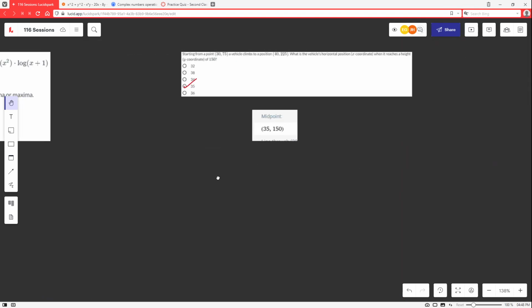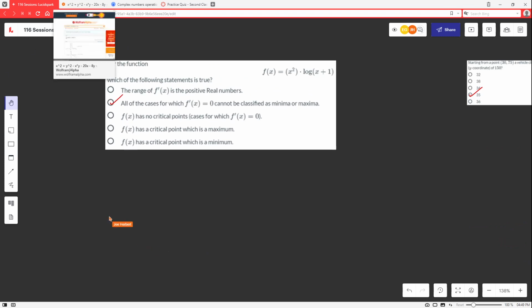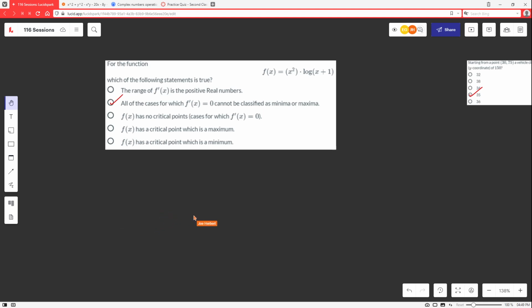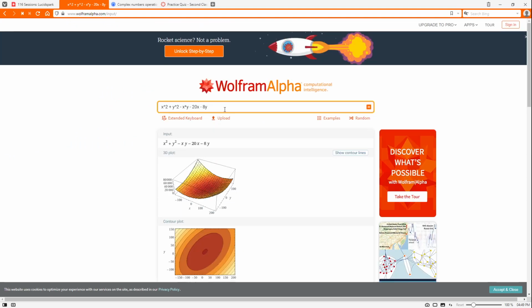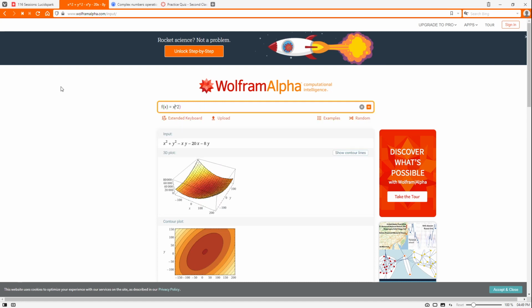I believe that the reason for whether they cannot be classified is that it is a saddle point. So if we take back this equation, put it back in, let me find it in my notes. No, there it is. Okay, so we want to be sticking in f of x equals x squared times the log of x plus 1.